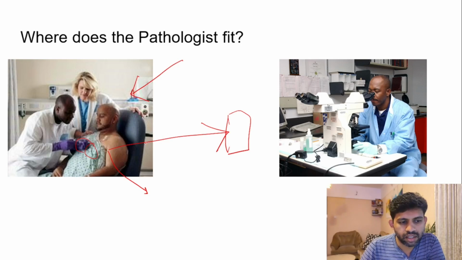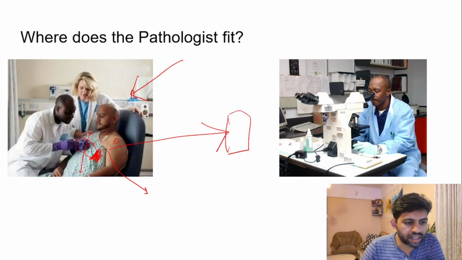But there may be many cases where a treating clinician may require somebody to look at the tissue of a patient, or say this patient has some problem within his chest and the doctor thinks there is some fluid within the pleural cavity.